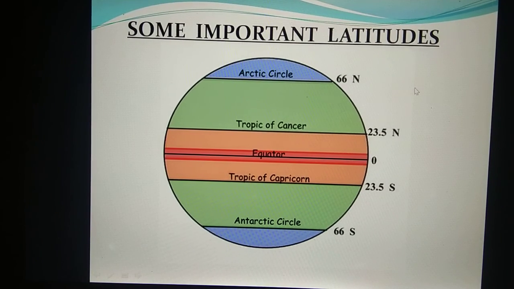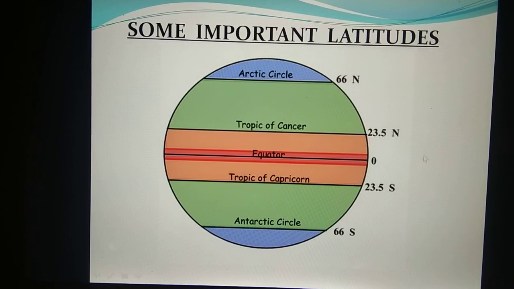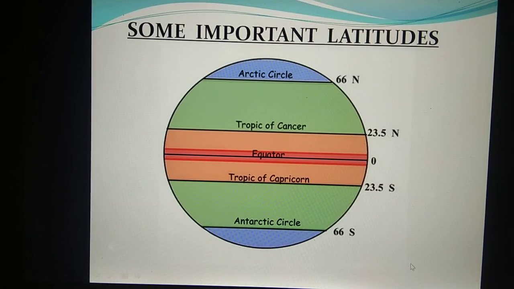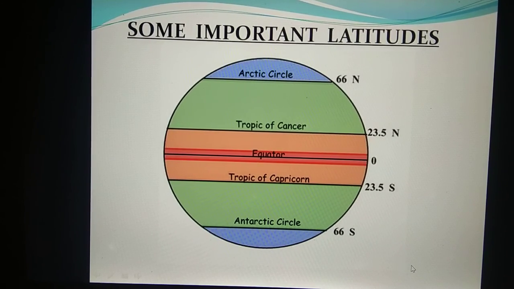Then we have Arctic Circle at 66 degree north. Then we have North Pole at 90 degree north. And if we move towards the southern hemisphere, foremost we have Tropic of Capricorn at 23.5 degrees south. Then Antarctic Circle at 66 degrees south. And then we have South Pole at 90 degrees.